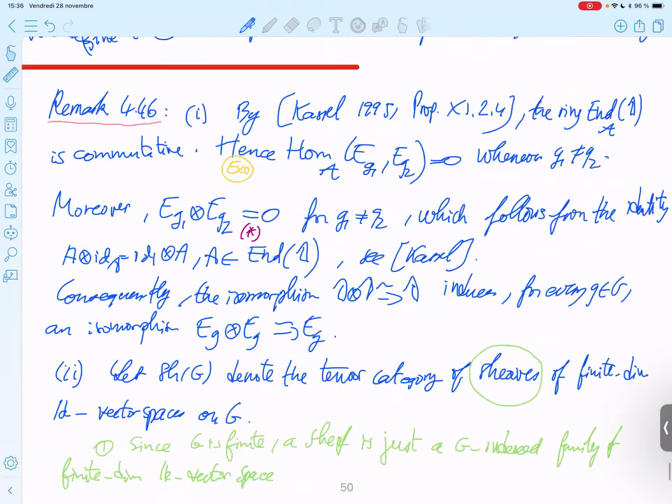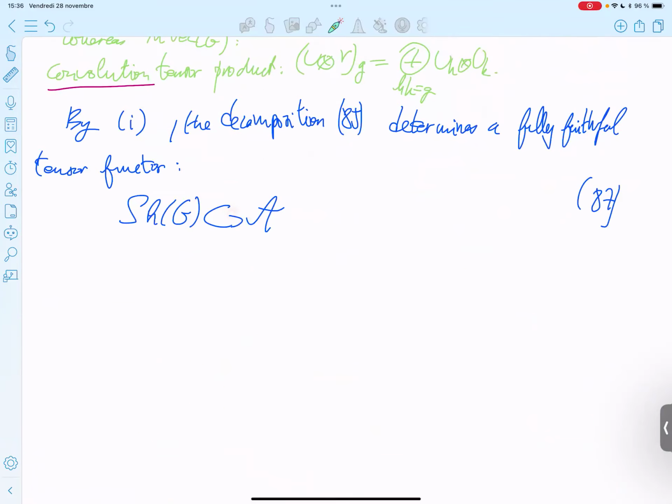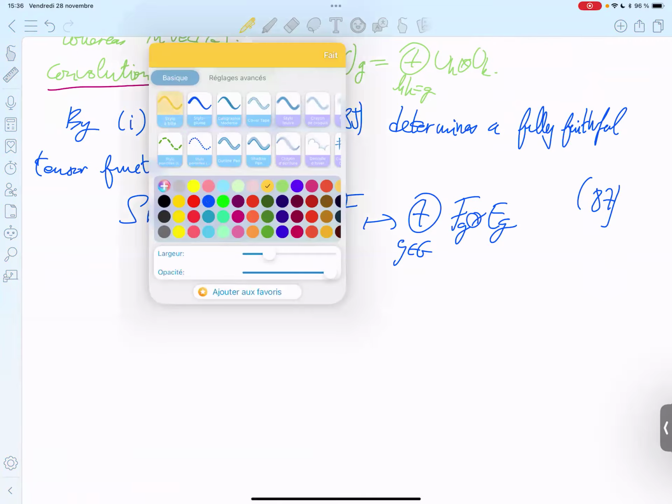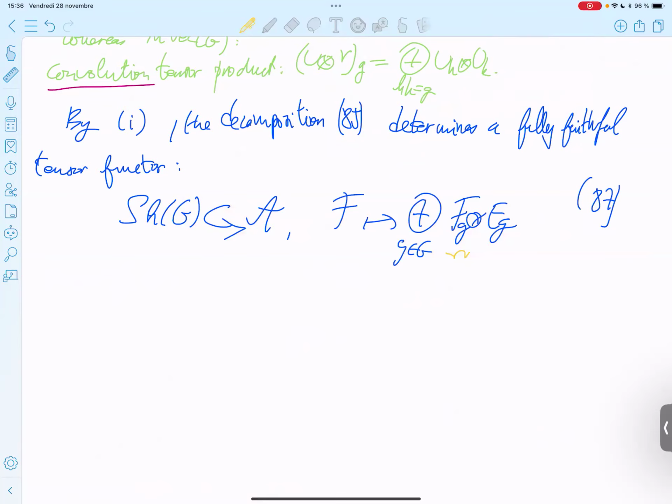So you can embed this category of sheaf, or this category of VecG with pointwise tensor product, into A, where we send F to the direct sum over g in G of Fg tensor Eg, where Fg here is a vector space playing the role of multiplicity space.